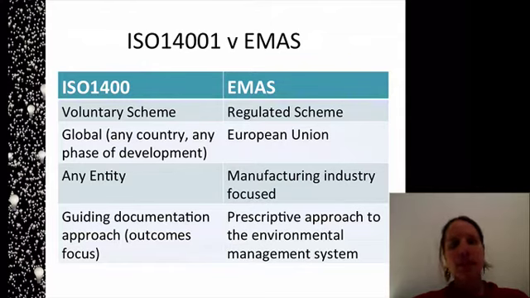Whereas the EMAS, we see it more applicable to manufacturing industries rather than the broader approach of ISO 14001. The ISO 14001 standard is also a guiding approach, so it's focused on outcomes, whereas the EMAS is much more prescriptive. So there are some key differences, but we might see organisations who have both, or organisations in Europe only adopting the EMAS.